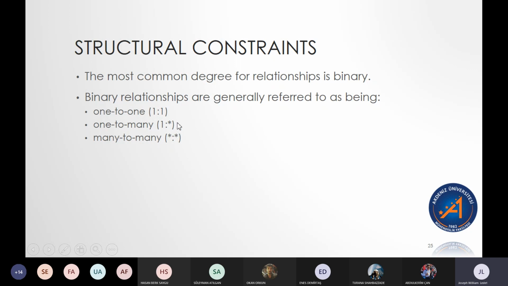A one-to-many relationship could be an owner of a property can own many properties, but a property can only have one owner. If a property exists, it can only be owned by one. We cannot have multiple owners, maybe. Might be an example.